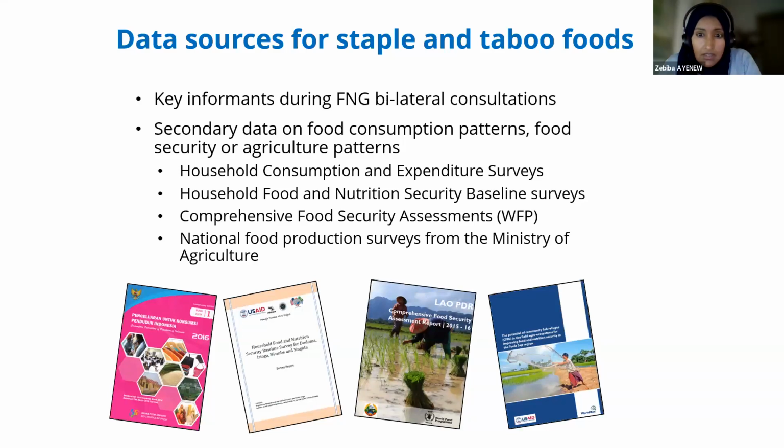Earlier, I think I failed to mention that the staple adjusted nutritious diet takes into account staples, and also excludes what are considered taboo foods. And we use these sources to identify what those foods are. Next slide, please.